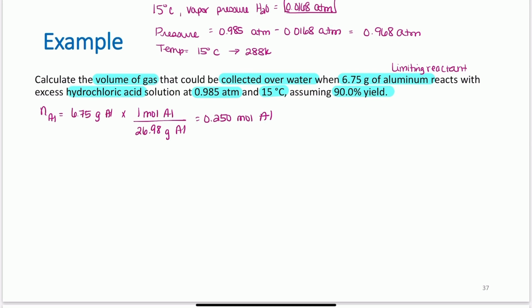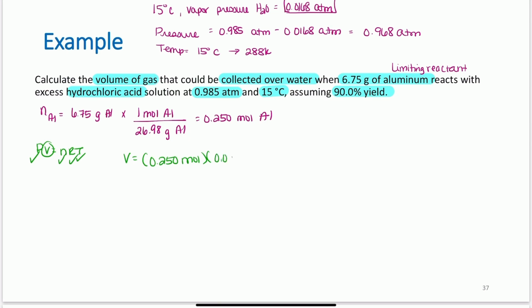Now I have all my pieces. I can go ahead and use the ideal gas law. PV equals nRT. I've got P, I've got n, I've got T. This is a constant. I'm trying to find volume. So rearrange the equation to solve for volume. V equals 0.250 moles of aluminum.